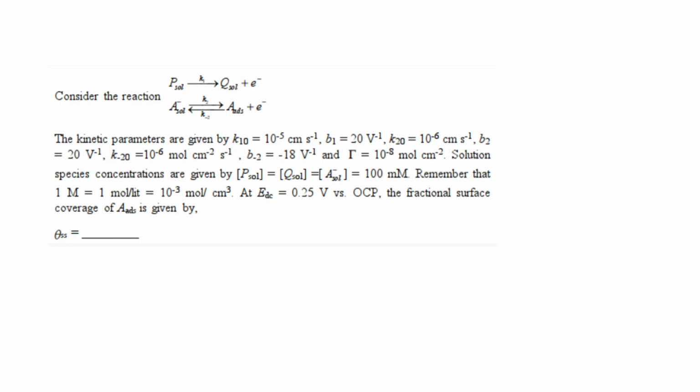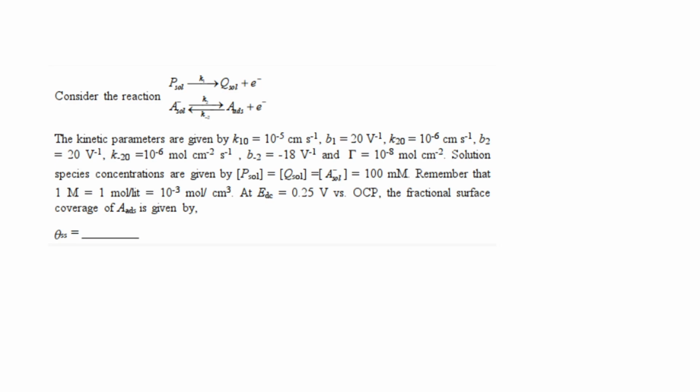Consider the reaction P solution giving Q solution, and an electron is released. Then A solution minus, it's a reversible reaction, and K2 is a constant, and it forms A adsorbed and an electron is released. The kinetic parameters are given by K1 0 equal to 10 to the power minus 5 centimeter per second, B1 equal to 20 volt inverse, K2 0 equal to 10 to the power minus 6 centimeter per second, B2 equal to 20 volt inverse.